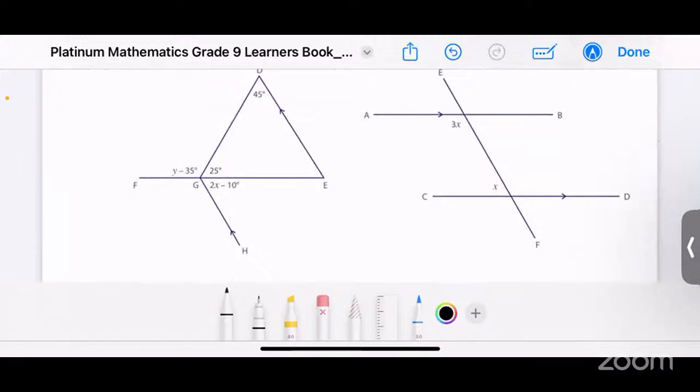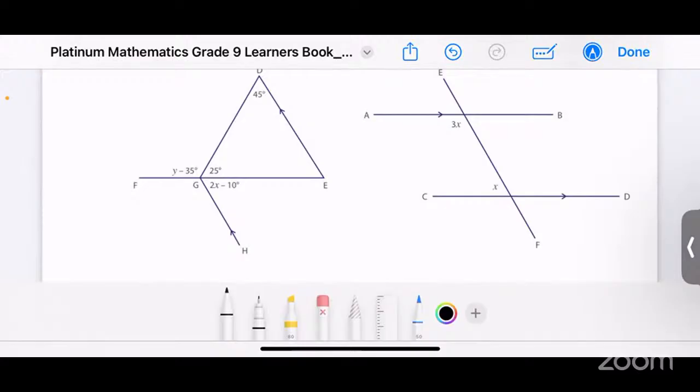That's a beautiful question. The first thing, when you are given such type of questions, I want you to know that you can extend the lines. Are you seeing the lines, those arrows, which show that these lines are parallel?